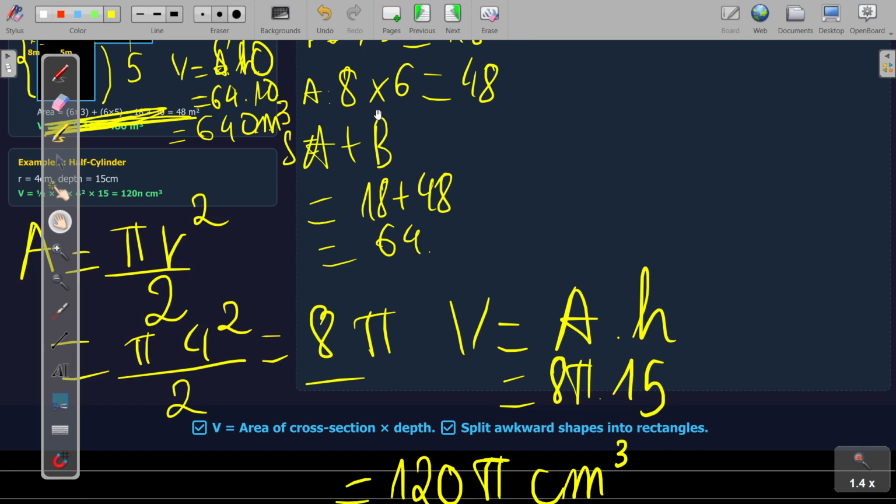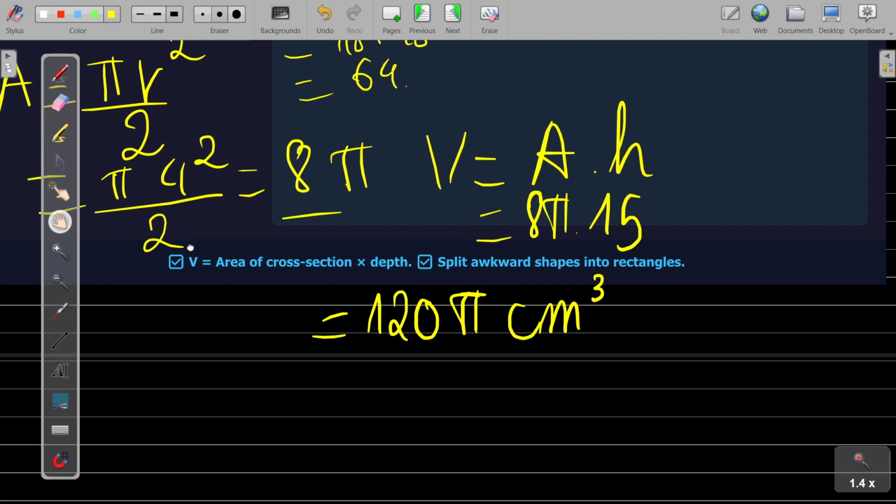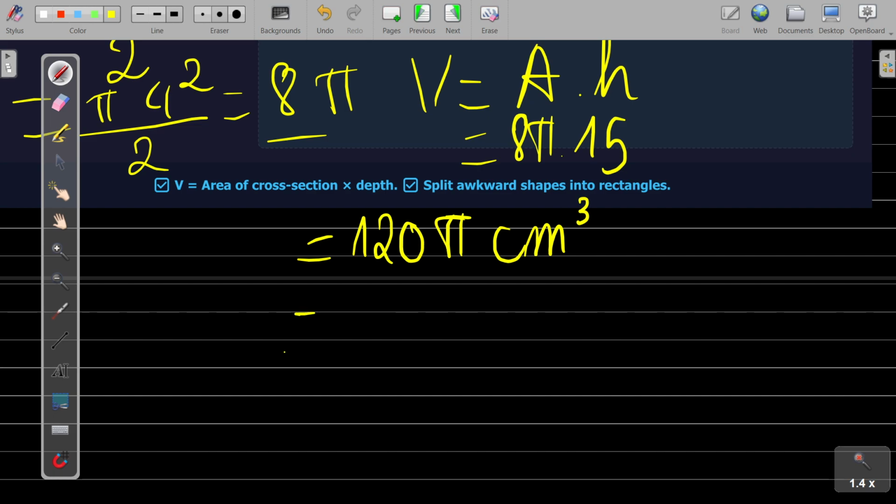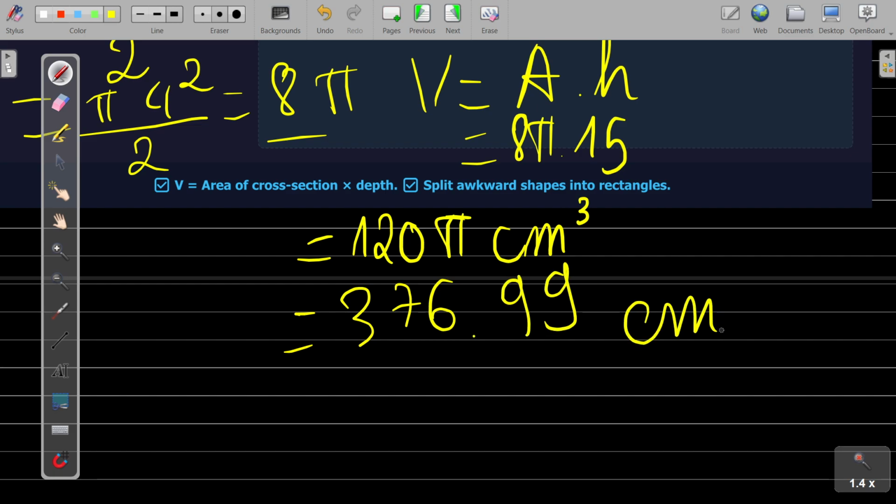Then in a calculator, if you were to calculate this, it should look something like 376.99 cubic centimeters. Please remember this formula: V, the volume, is area of cross section multiplied by depth.